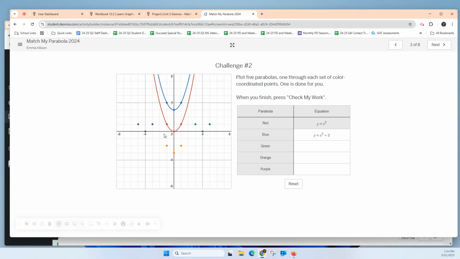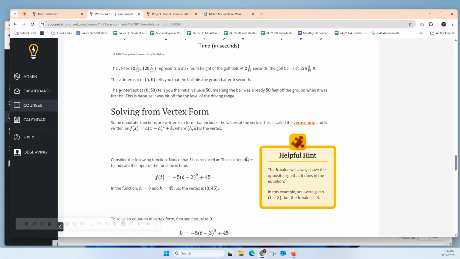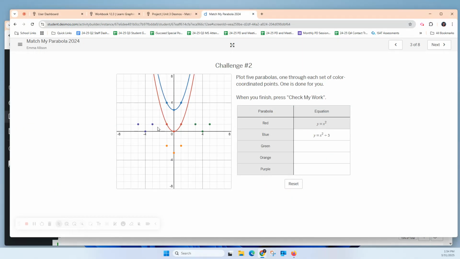Okay, now if I look at the purple one and I go back to workbook 12.3, the h, or your x value, is always going to be the opposite of whatever is inside of these parentheses. So if it's x minus h, your vertex is going to be a positive x value. In this case, when I'm doing my purple one here, I want my x value to be negative, so instead of doing x minus h, we're actually going to do x plus h.